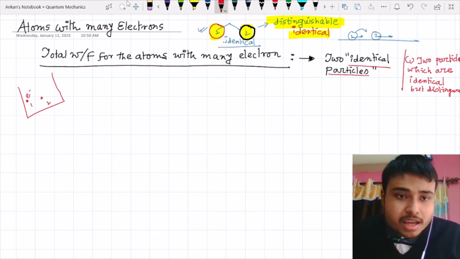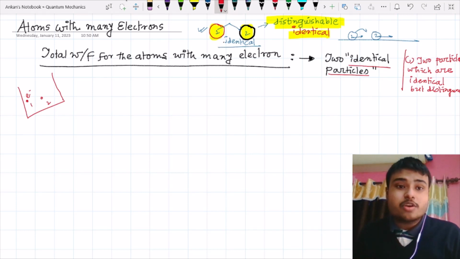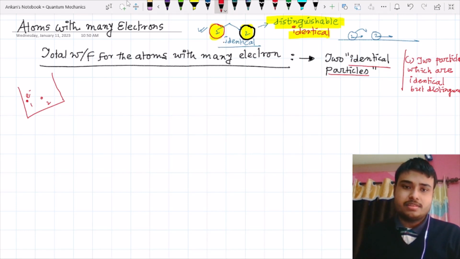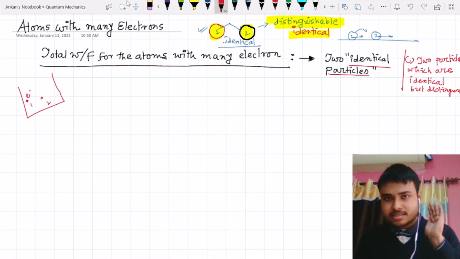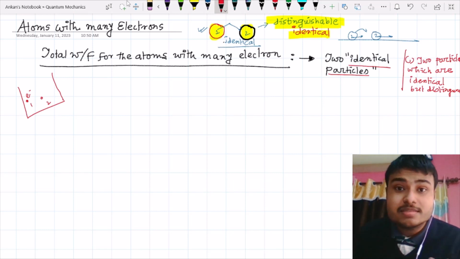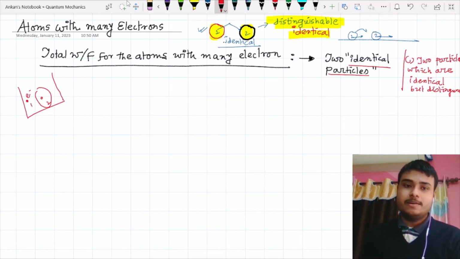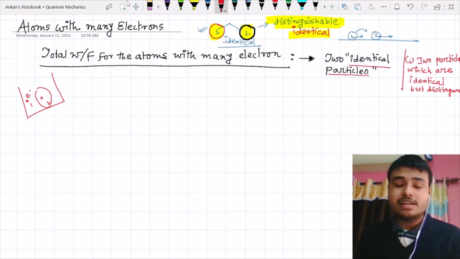So these electrons cannot be classified. If a Geiger-Müller counter is used, we can only hear the sound of the presence of the particle. By hearing the sound, we cannot say that this particle is the first electron or the second electron. So there lies a confusion regarding it.